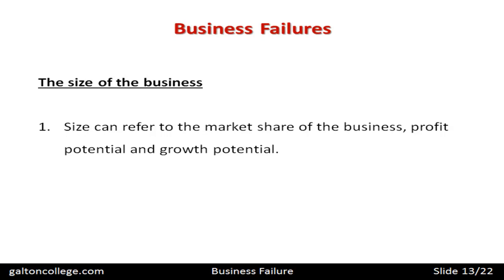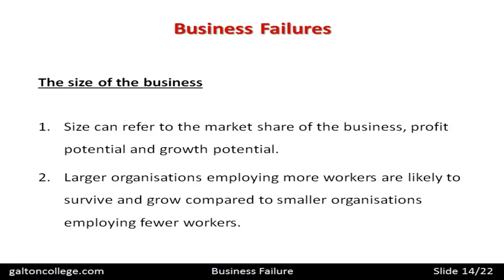But you also have to look at the growth potential, the profit potential, and the capacity of the business to pay its way. Larger organizations employing more workers are likely to survive and grow compared to smaller organizations employing fewer workers. That's generally the rule of thumb. Larger organizations tend to survive, smaller organizations tend to fail.